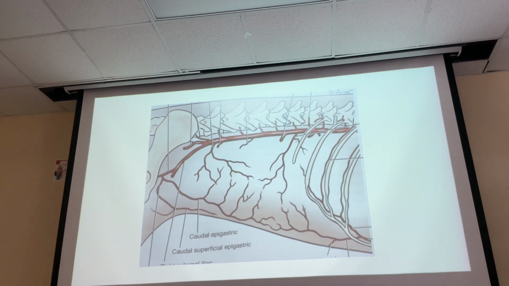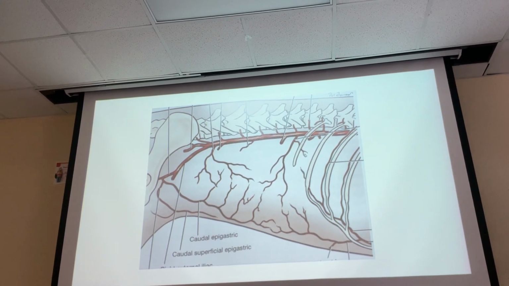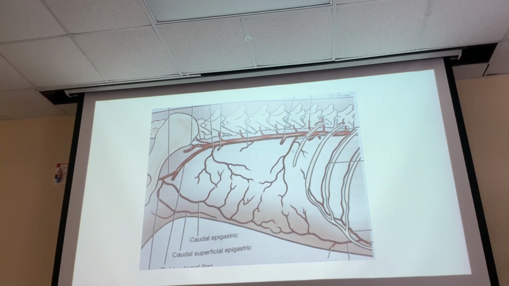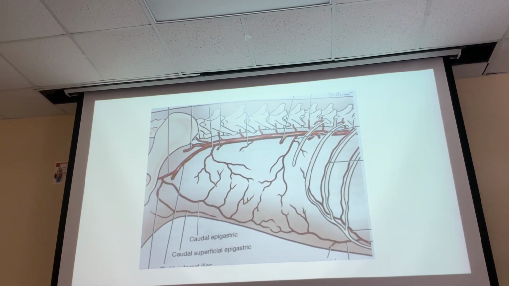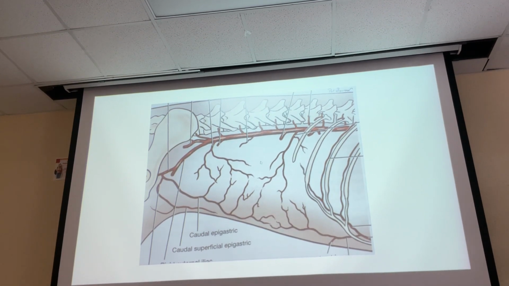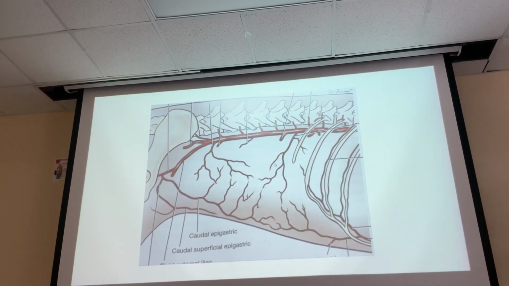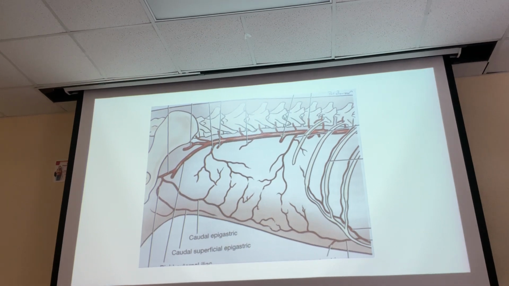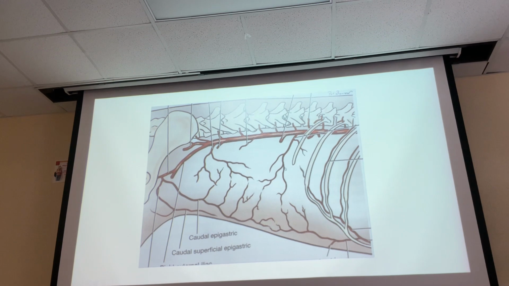We call that the caudal phrenic because it is approaching the diaphragm from the caudal aspect. And the other one is what? The cranial abdominal. This supplies the cranial dorsal aspect of the abdominal wall.